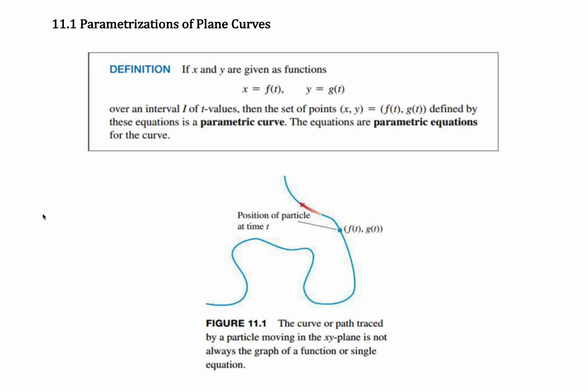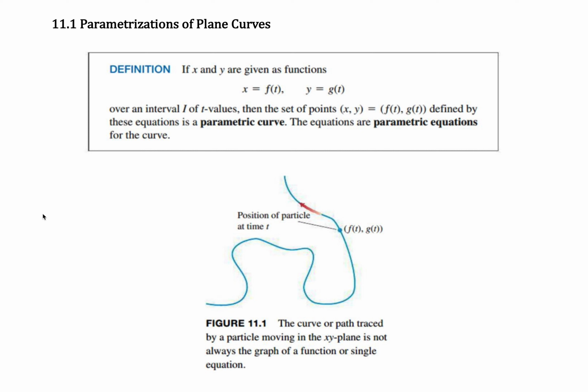As we start the last chapter that we're going to cover, and we're only covering a part of this chapter, we're going to be looking at parametrizations of plane curves. Basically what this is going to do is define our x and y values as independent functions of time t.